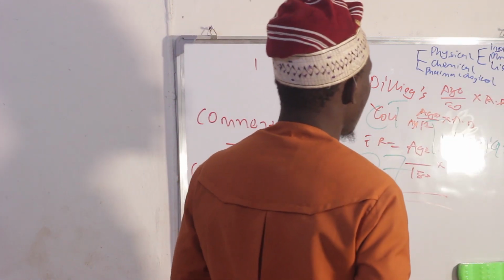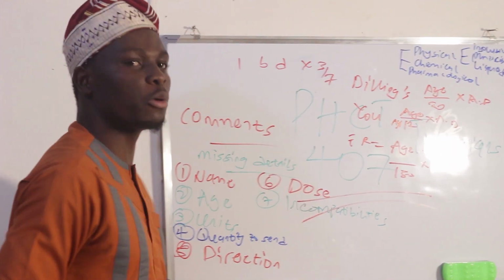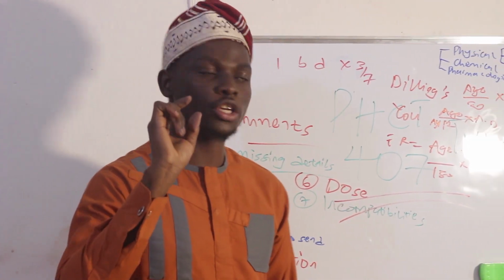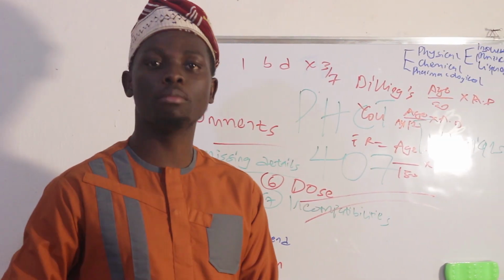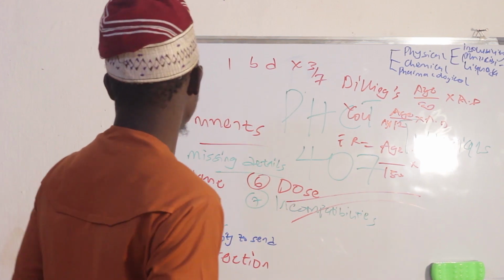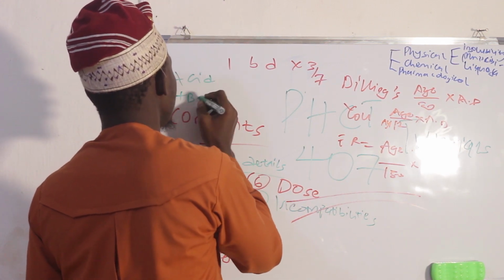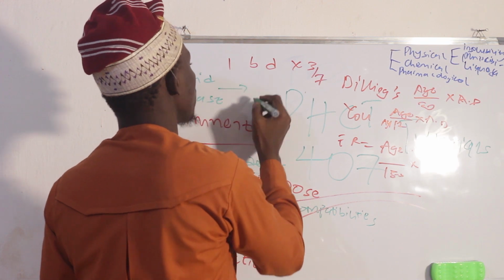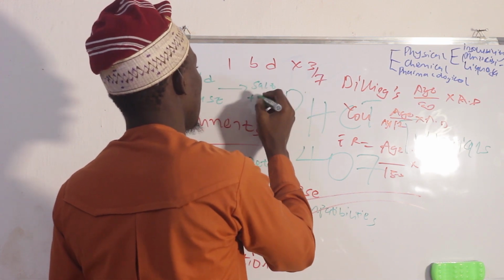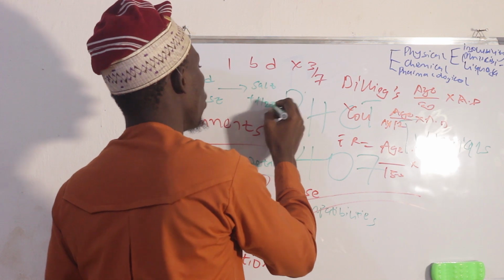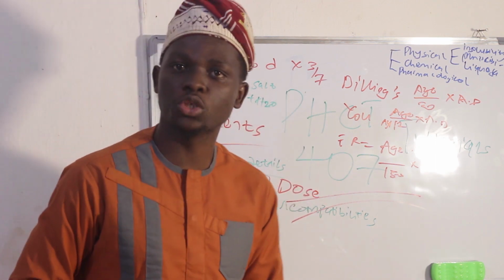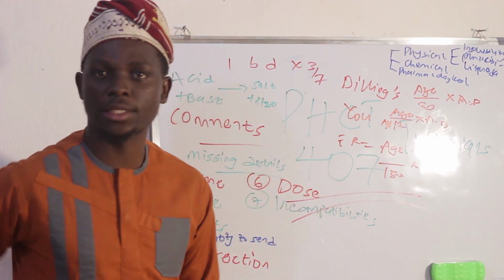Now, for chemical incompatibility, I will give you a short equation that I believe you know even from your secondary school days. You remember this statement: acid plus base will give us what? Salt and water only. If you are a good chemistry student, you will remember this. This is called a neutralization reaction.